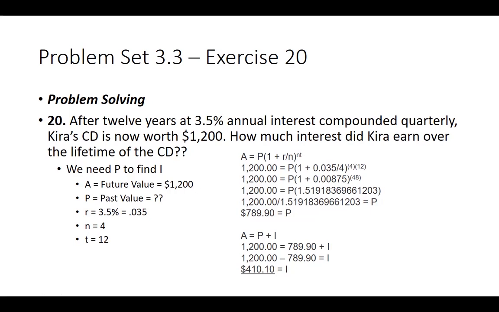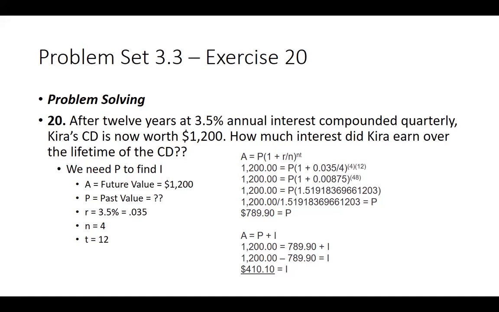Number 20. After 12 years at 3.5% annual interest compounded quarterly, Kira's CD is now worth $1,200. How much interest did Kira earn over the lifetime of the CD?